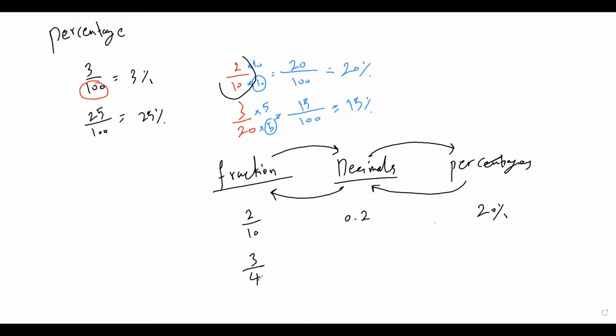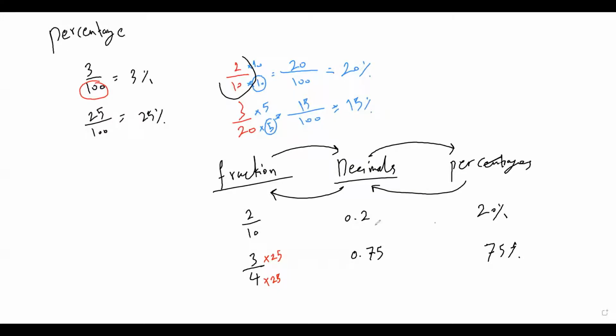You can multiply top and bottom by 25 to get the corresponding percentage, and that would be 75%, and the equivalent decimal would be 0.75.